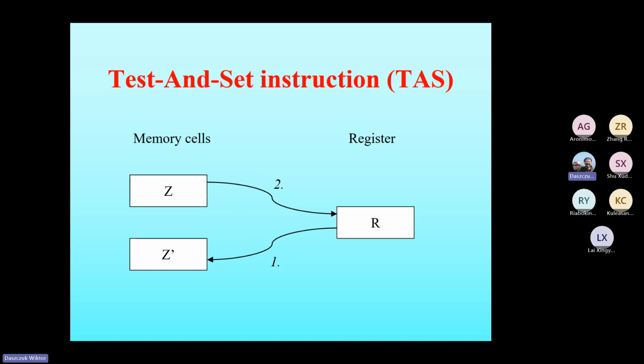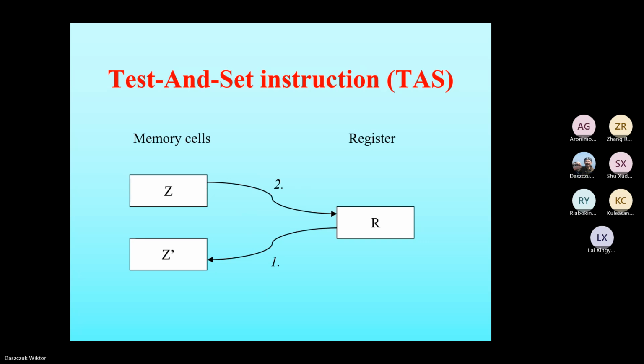There is an algorithm invented by Dekker. It's called the Dekker algorithm, enhanced by Peterson. So it's called the Peterson algorithm as well, in which processes can synchronize on entering the critical section.